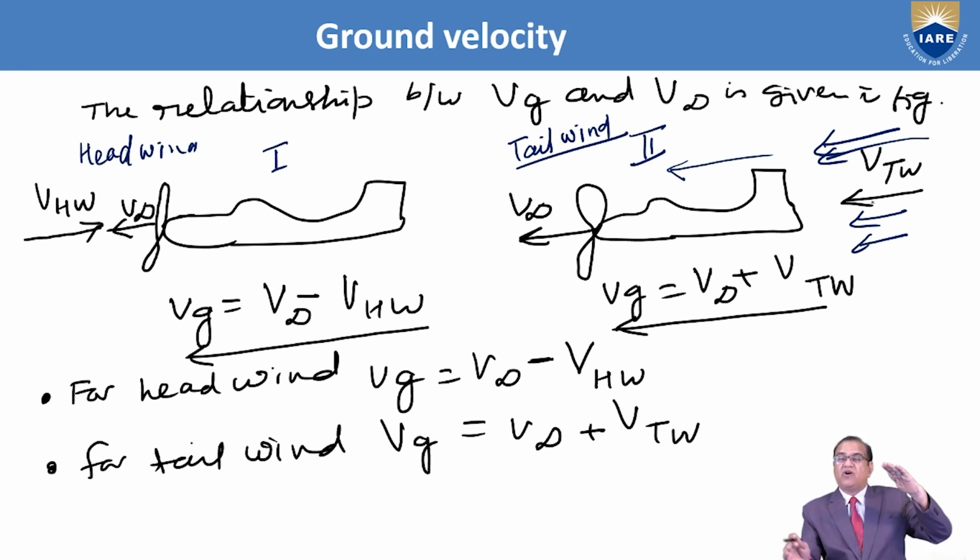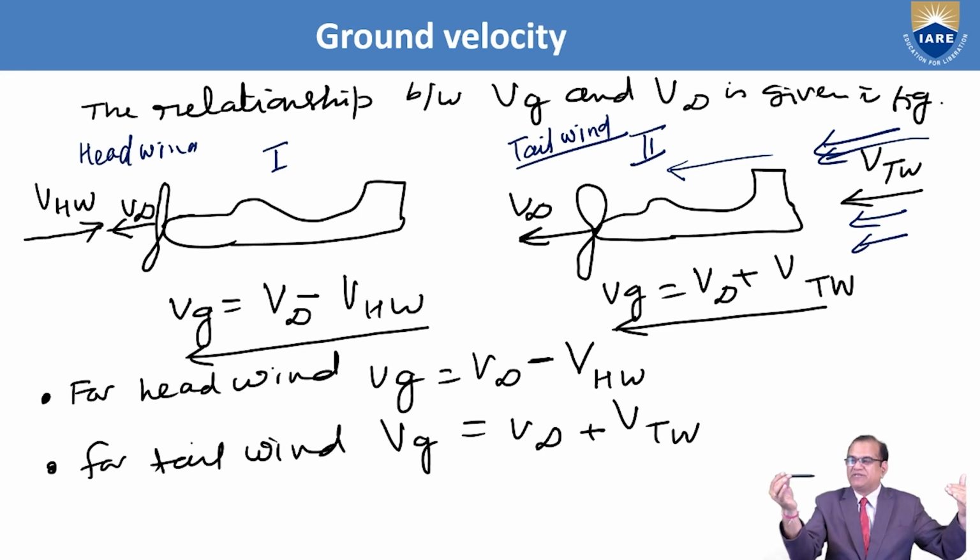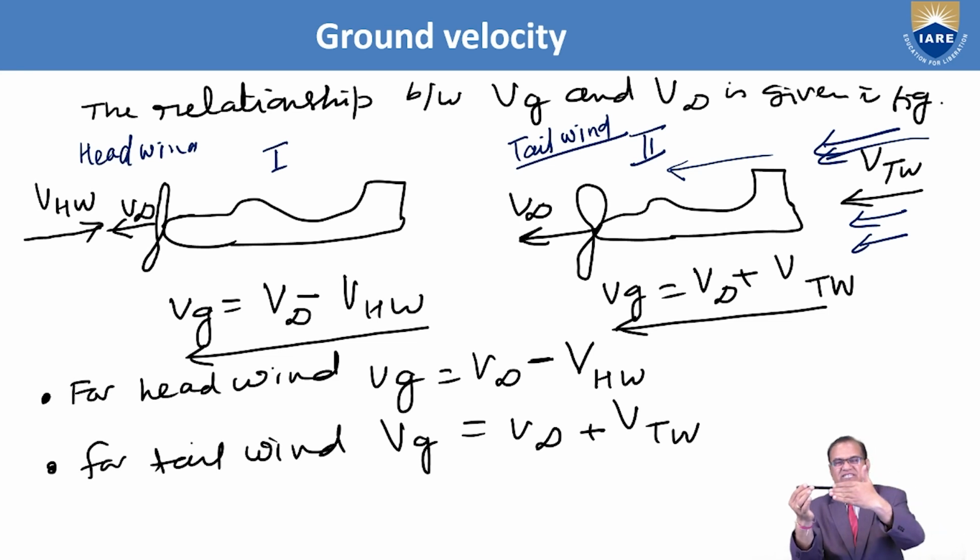So if your aircraft is moving forward and the wind is from behind, the total velocity will be the velocity of the aircraft plus the velocity of the wind coming from behind. But when the aircraft is moving in this direction and the wind is in the opposite direction, the ground velocity will be the difference of both, the aircraft velocity minus the headwind velocity.